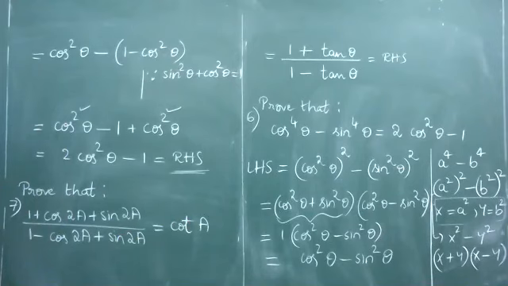In the problems that we have taken till now, we have had either sum or difference of only two terms in the LHS. But here we have a different question. We have sum of three terms both in numerator and denominator. 1 plus cos 2a plus sin 2a whole divided by 1 minus cos 2a plus sin 2a.